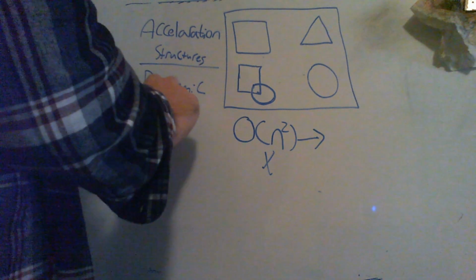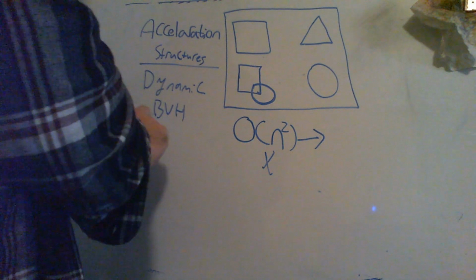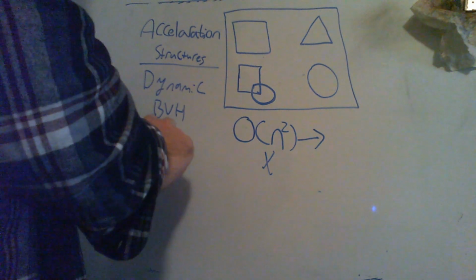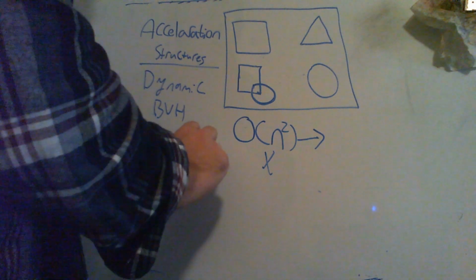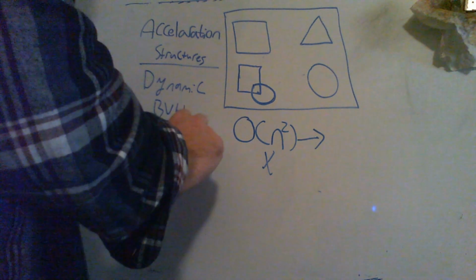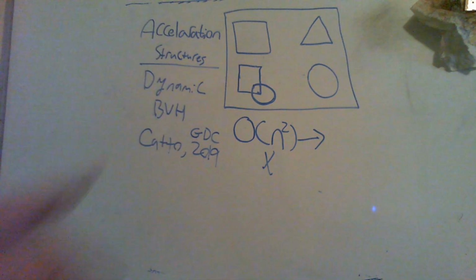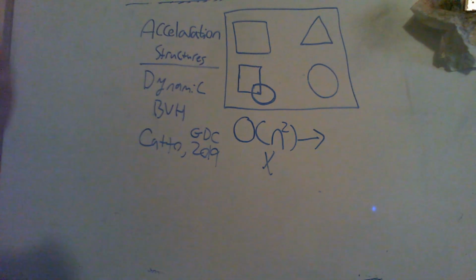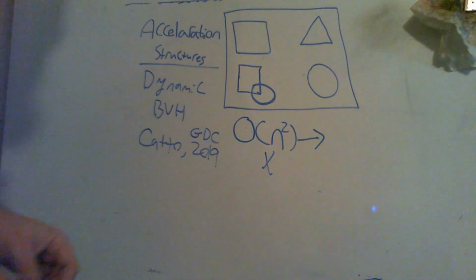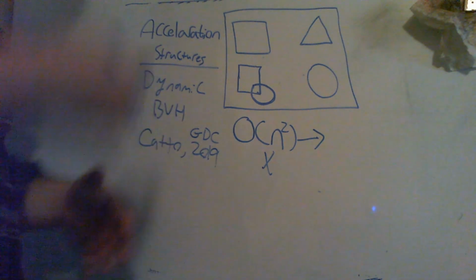I won't be going over them specifically, but Erin Catto had a great GDC talk in 2019 that covers this. However, I am going to be using his introduction to the problem and how it solves this to get started.